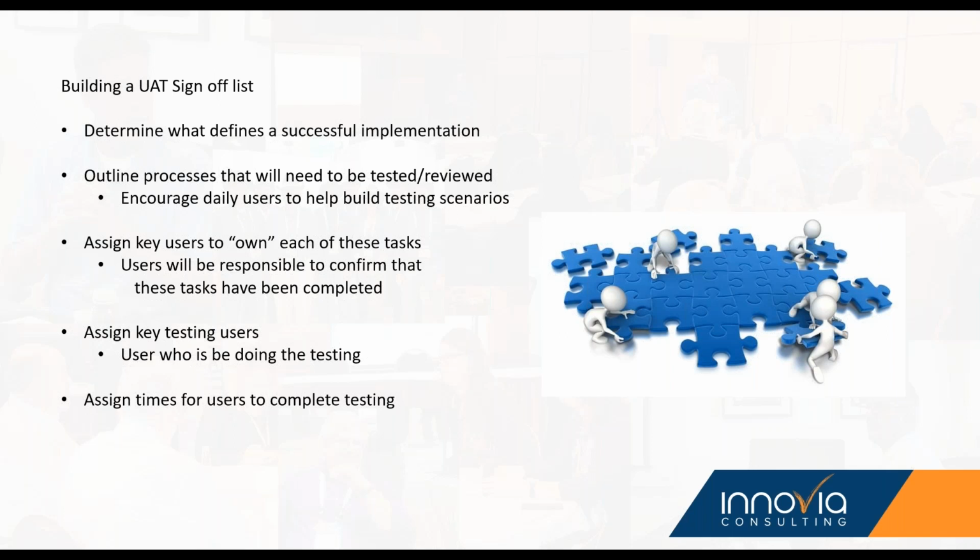But if I can look to my purchasing team, and maybe it's my purchasing manager who is going to be the owner, because they're going to know the process. They're going to be the one as the manager to say yes or no, everything is good. But maybe they don't have the time to be the person doing the testing on every process.